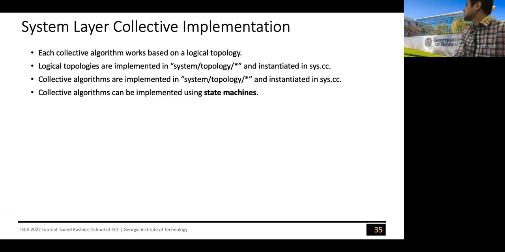So as I said, each collective algorithm works based on a logical topology, and these topologies are implemented in the system.topology subfolder, and collectives are implemented in system.collective. Sorry for this typo here. And the collective algorithms can be implemented again using state machines.